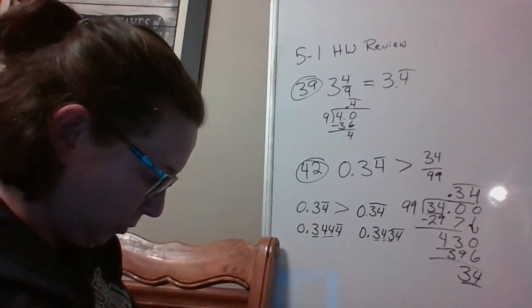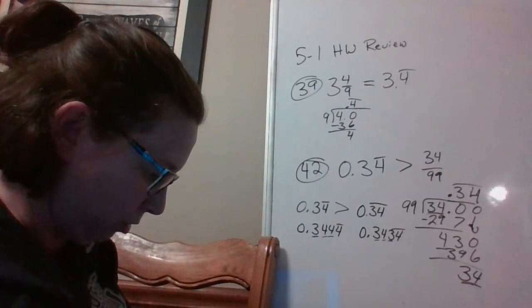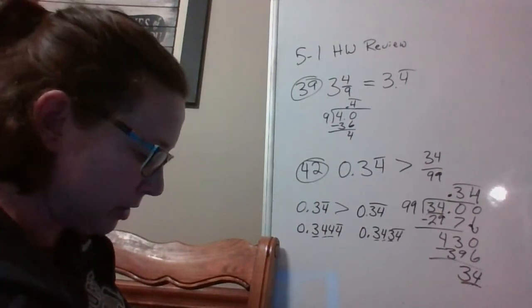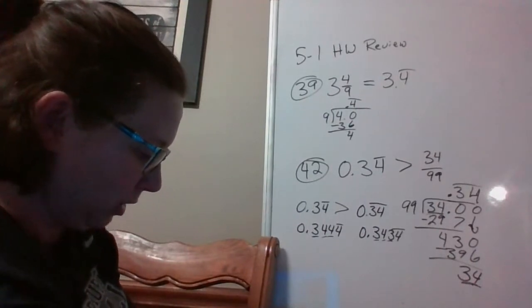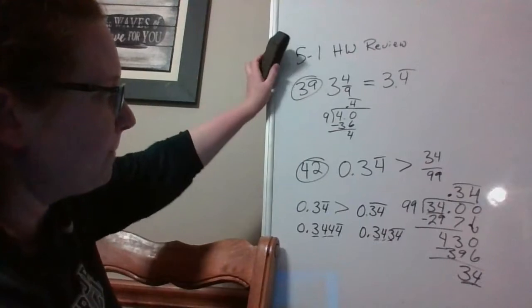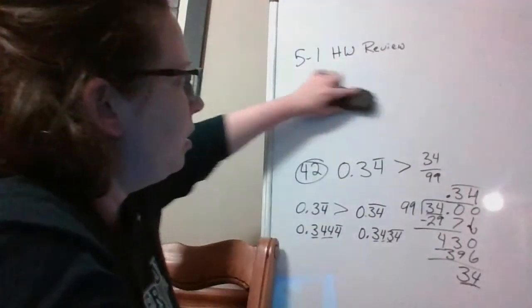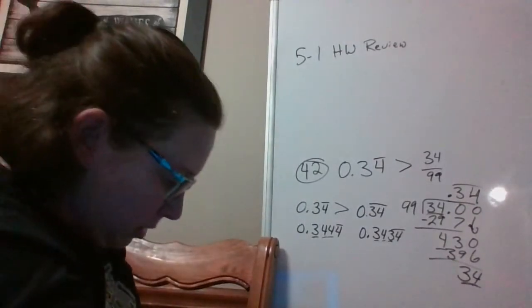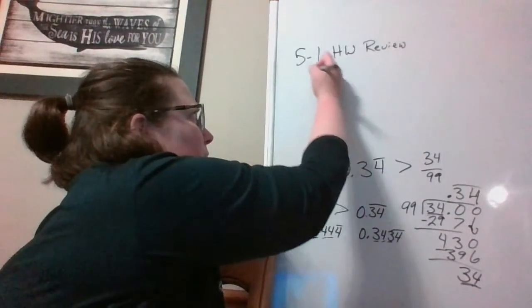Last one is 45. It says find a terminating or repeating decimal between 1/6 and 8/9. Explain how you found them. So when we think about numbers, we have talked about this in the past, but let me remind you.